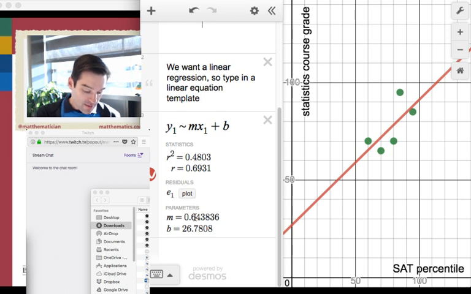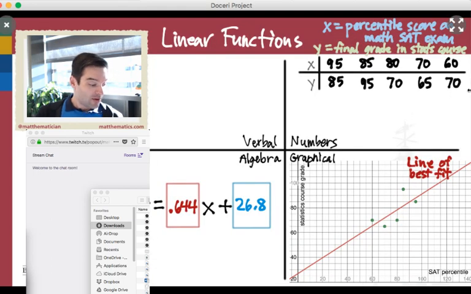And then b, which as we discussed at the beginning of this session today, is the y-intercept. That's 26.7808. So I'm going to take that also to 3 significant figures, just call it 26.8. And so if we know m and we know b, then y equals mx plus b gives me a template for an equation that describes this relationship.